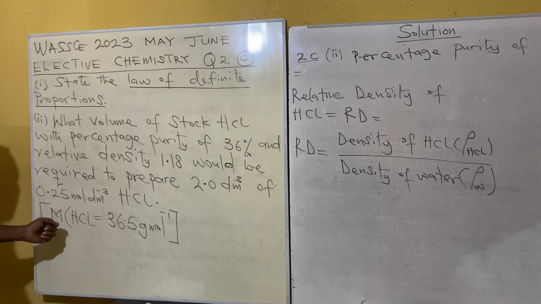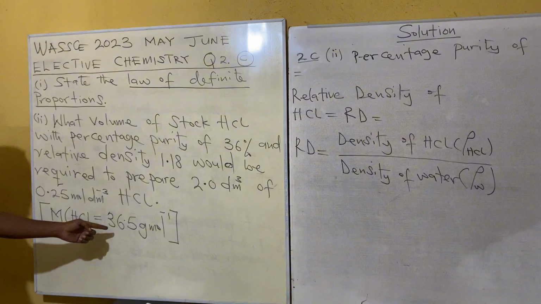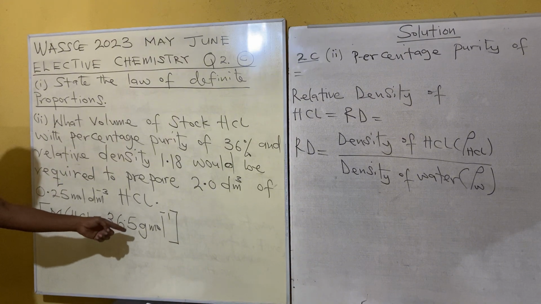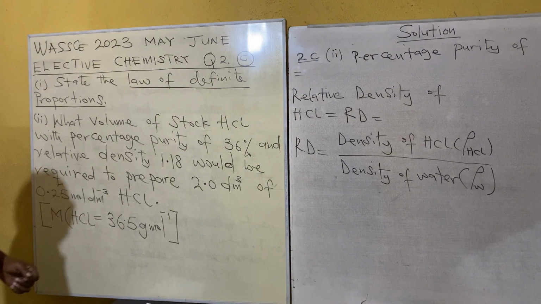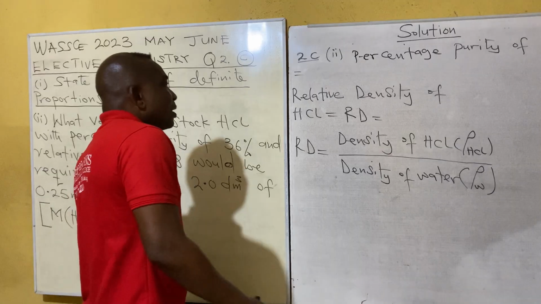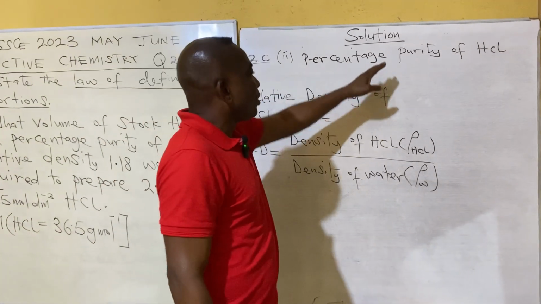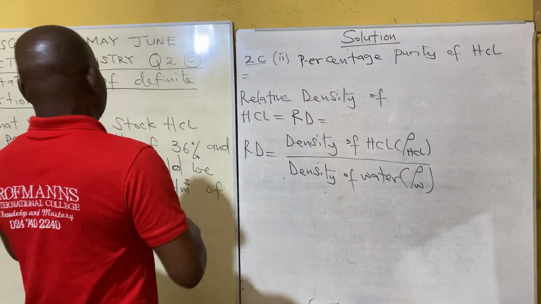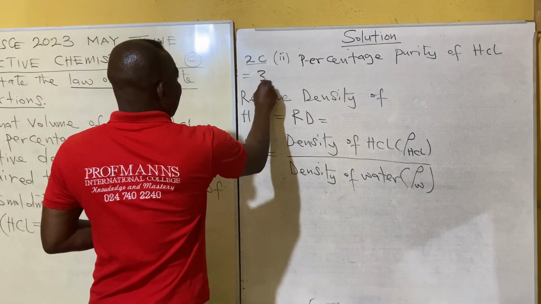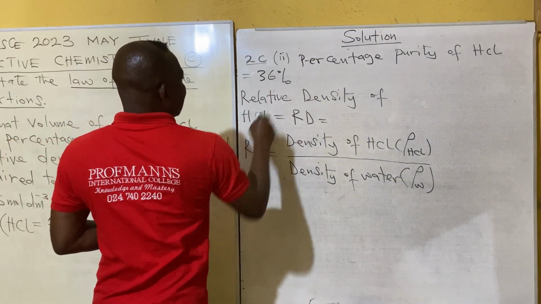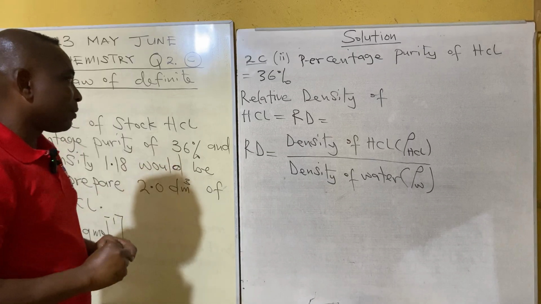Molecular mass of HCl is equal to 36.5 g/mol. Now let's come to the solution. The percentage purity, according to the question, is 36%. I will explain that later.